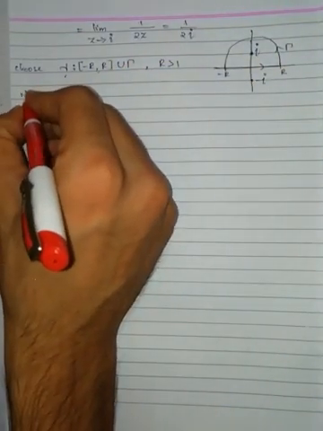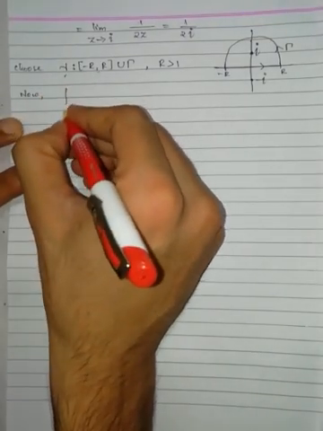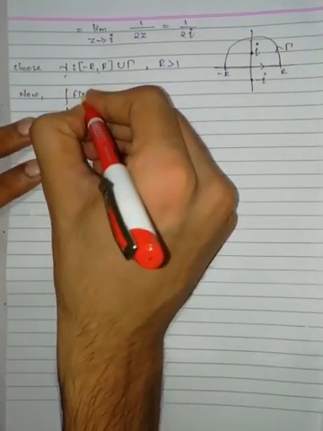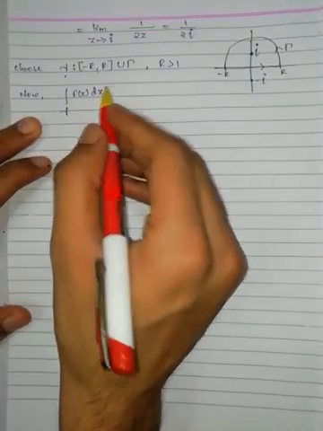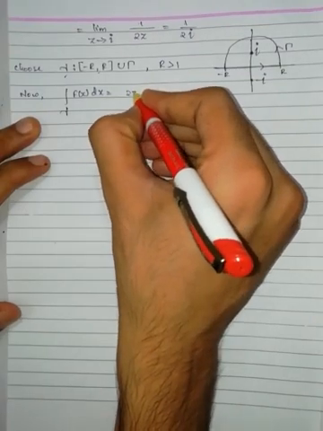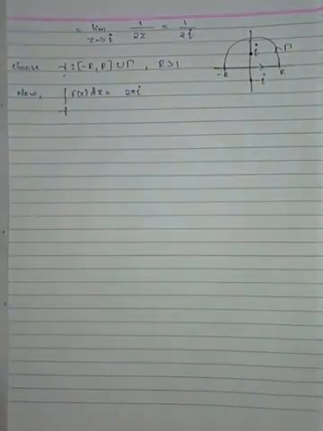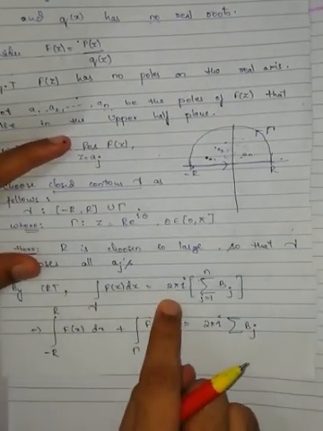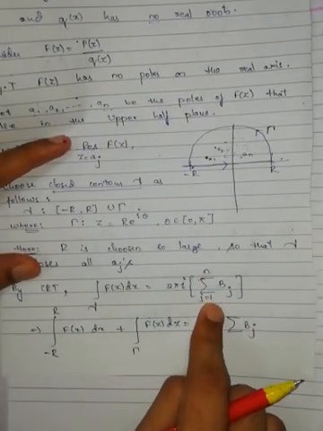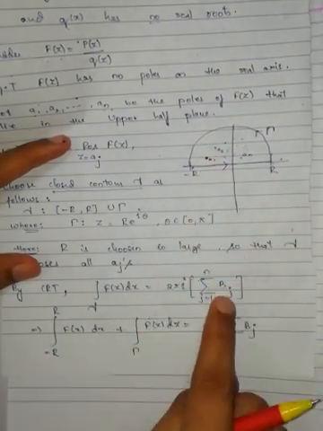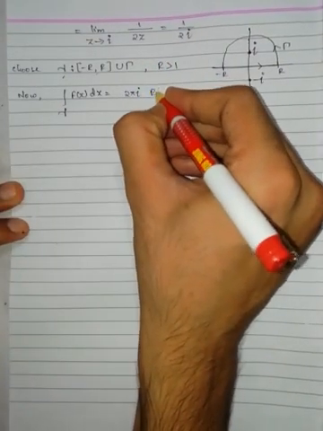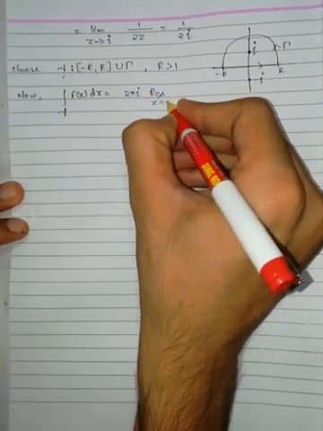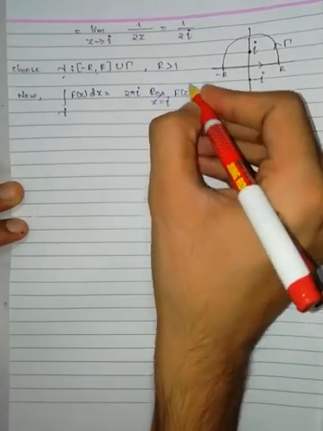Now, integration over gamma of capital F of z dz. From the Cauchy residue theorem, integration over gamma of f of z dz is equal to 2 pi iota into the sum of the residues. As we got only one pole, we will get only one residue, the residue at z equal to iota of capital F of z.